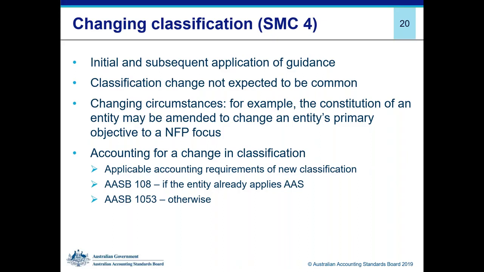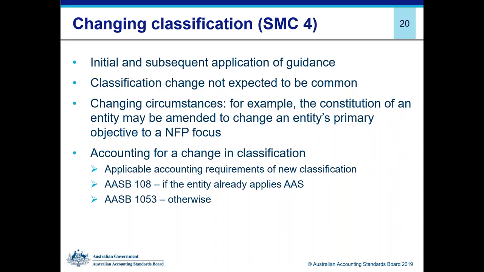So there could be many reasons for the change. That's not for the standard to identify, but in your application, you need to consider whether a change of classification is appropriate. If it is, then there are various requirements specified for accounting for that change.